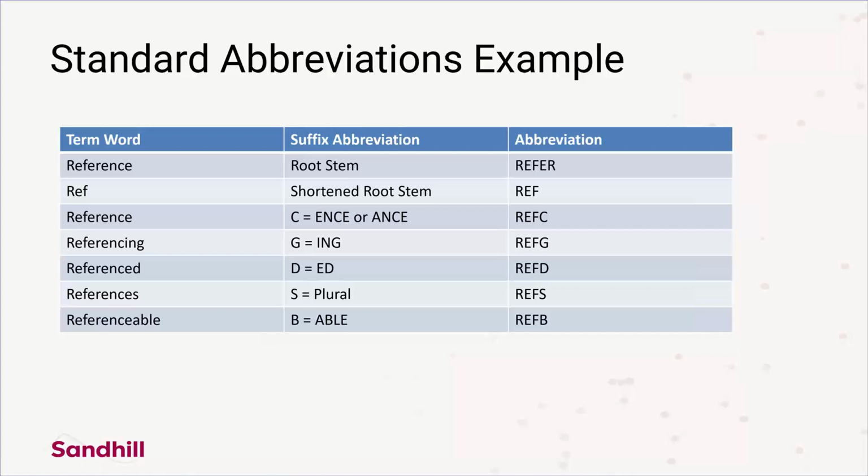So you could use reference, referencing, referenced, references, referenceable. Then you can just append a letter on the end and you'll have a consistent abbreviation. And if everybody understands how you're doing the abbreviating, then they'll be able to look at the technical abbreviation and figure out what the word means without having to ask somebody.